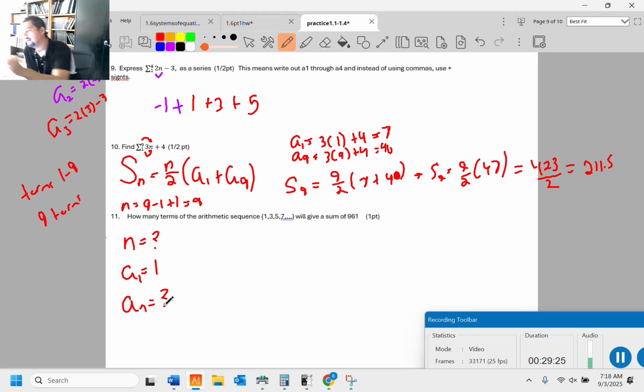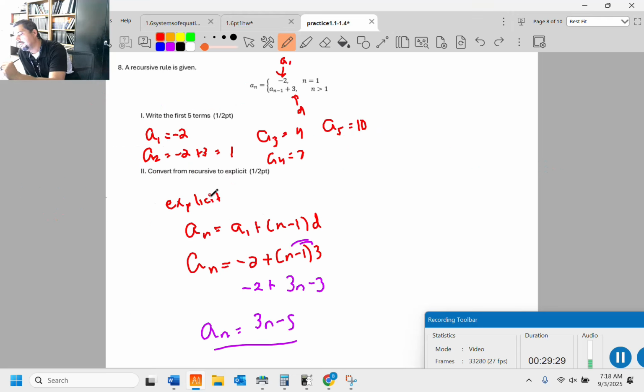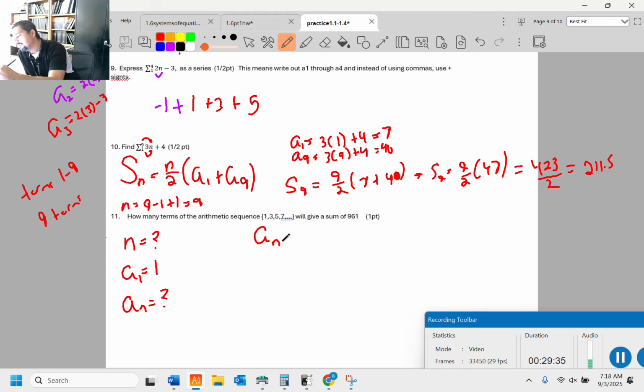But, hear me out, the explicit form is literally called a sub n. So let's write a sub n. A sub n would be the first term plus n minus 1 times the common difference. So a sub n is 1 plus n minus 1 times the difference of, looks like 2.